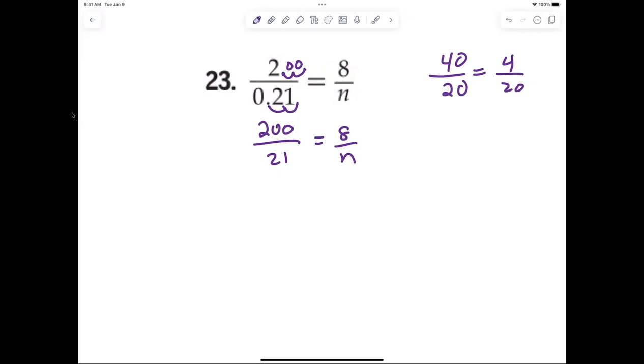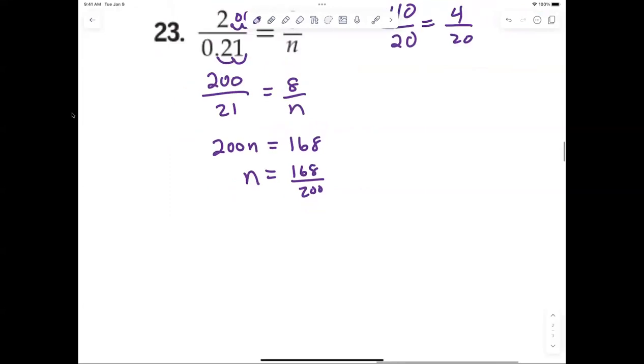All right, now when you cross multiply, you get 200n equals 168. And so now n is equal to 168 divided by what? 200. All right, let's divide by what? 2. Now when I divide, does everybody agree I should be able to look at that and say I divide by 4, right?